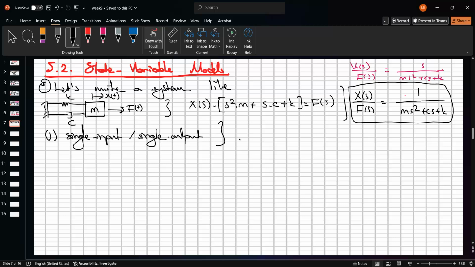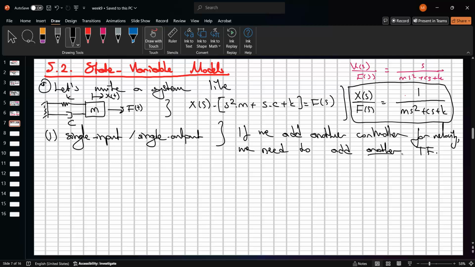Then if we add another controller, for example for the velocity value, we need to add another transfer function here.